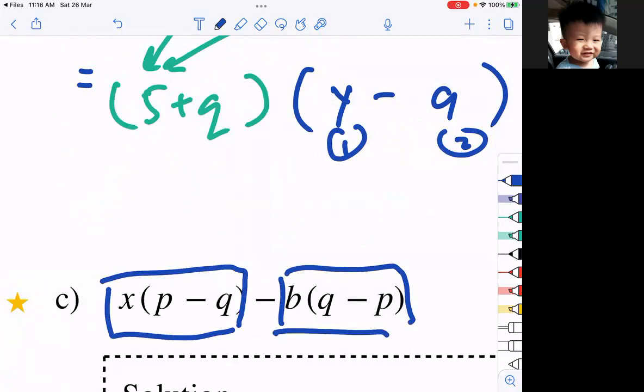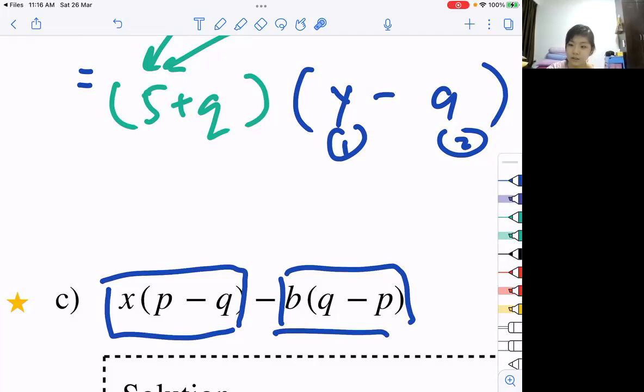Not really. Because you might be thinking, hey, just now 5 plus Q and Q plus 5 are the same. Then you might be thinking, hey, does it mean P minus Q and Q minus P are the same? Who thinks they are the same? Who thinks they are different? Same, different, Gina? Different, I guess.